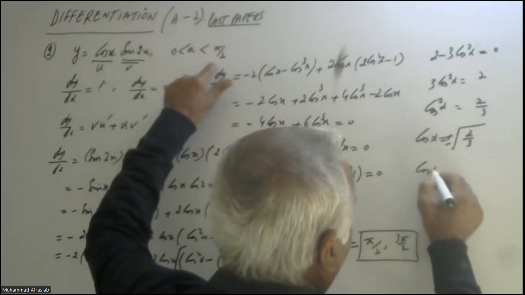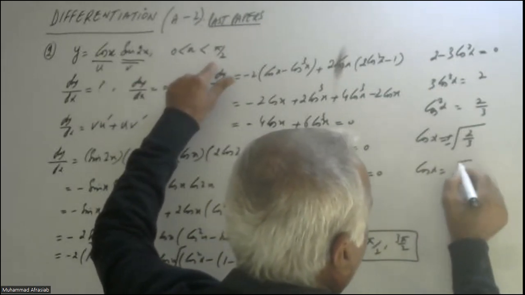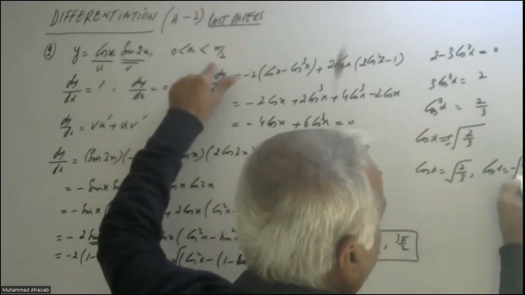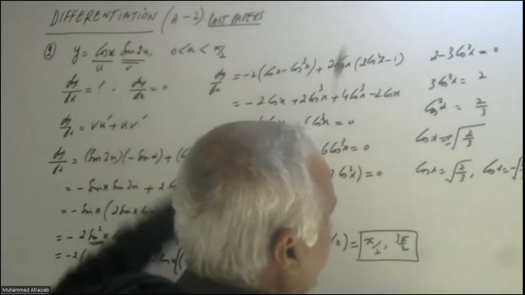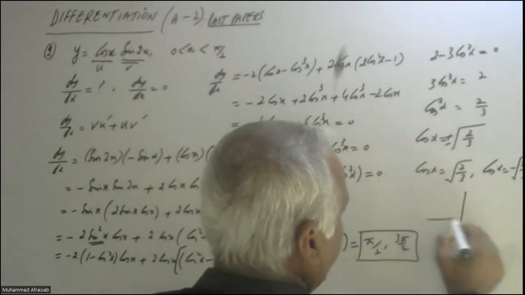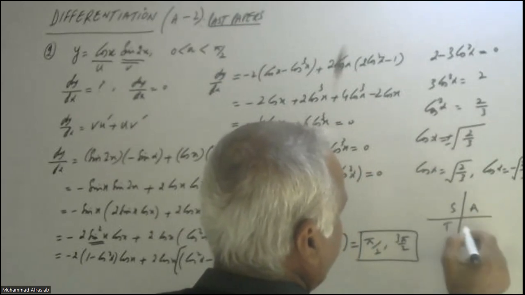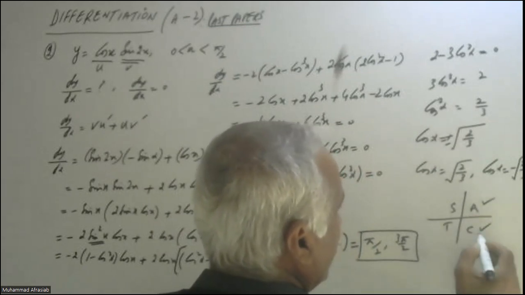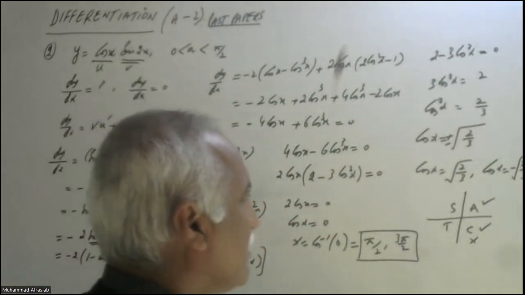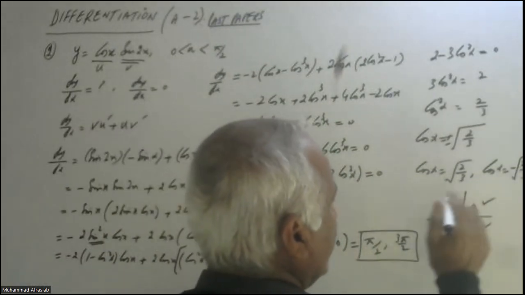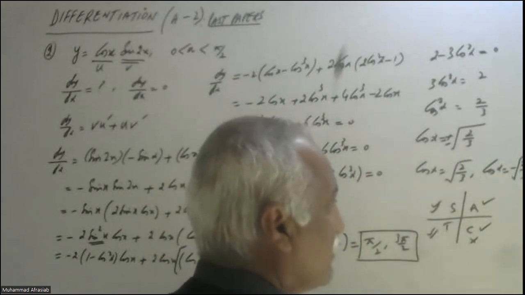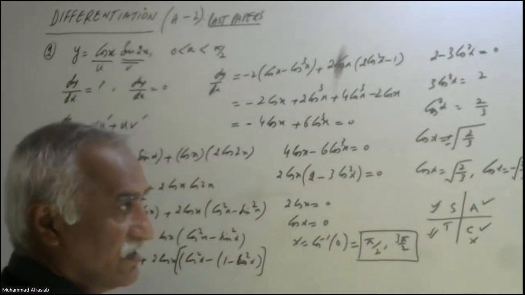Cos of x is positive in the first and the fourth quadrant, but the fourth quadrant is not in our range, so this value will be eliminated. And the minus indicates that it is in the second and the third quadrant, and they are also out of the range, so that will also be eliminated.